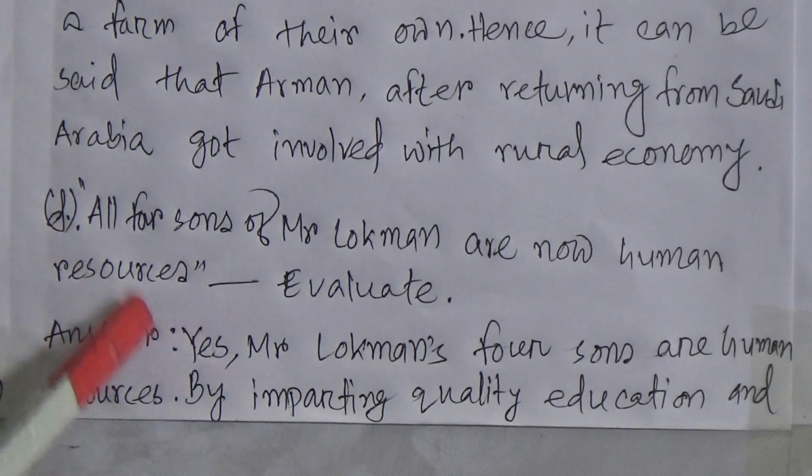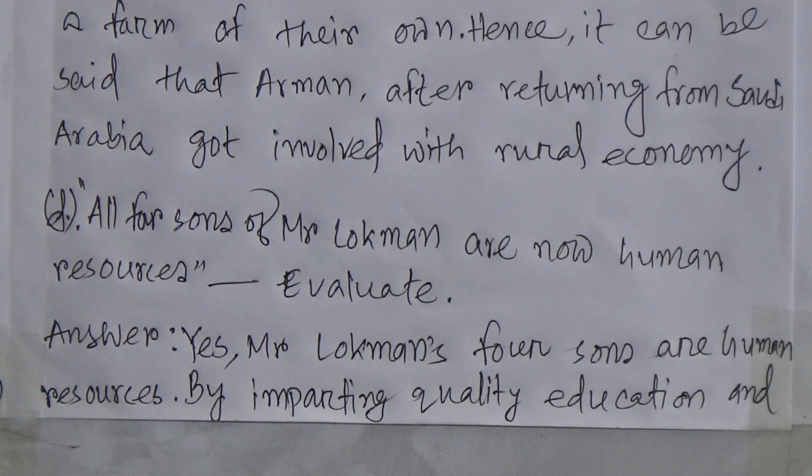So from that notion we have to evaluate whether they are human resources or not. Answer: yes, Mr. Lokman's four sons are human resources. Why human resources? Because finally they got success, okay, by producing crops on their farm.